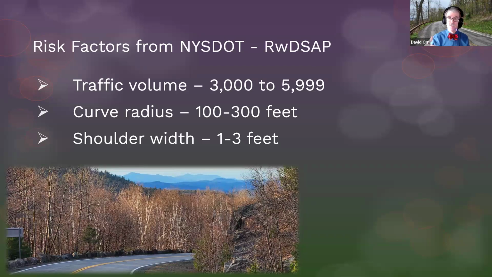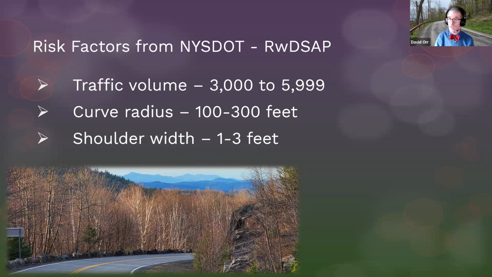In this case, for traffic volumes, they found that middle-level traffic volumes tended to have higher crash rates than anticipated. Probably just enough traffic to make it busy, not enough to, a little bit more chance of head-ons or conflicts. Curve radius that were sharp, really it's under 300 feet because we don't have any that are under 100.